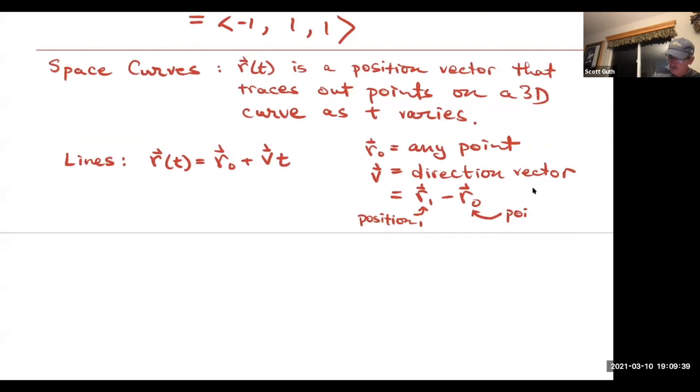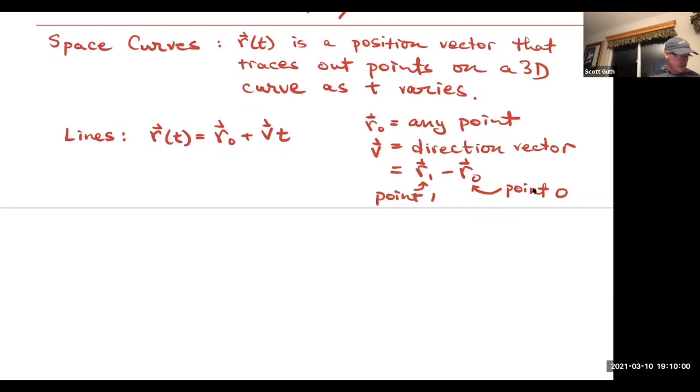Maybe I should have said point 1 and point 0, my bad. Point 1 and point 0. Okay, and it doesn't matter what the times are. They will be time 0 and time 1, but that's irrelevant right now. That's how you create a line through 2 points. Any questions about that? We've covered it already.